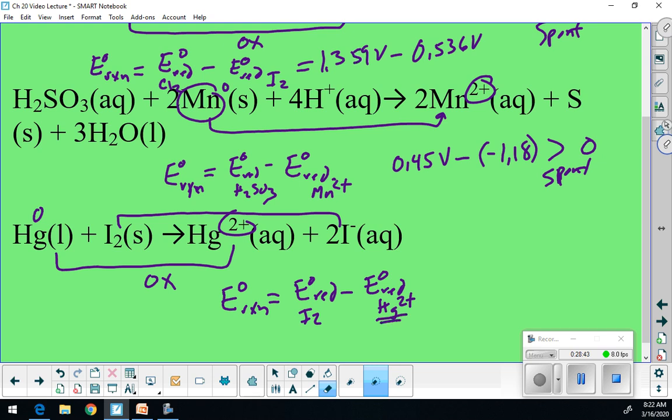Remember, these all have to be reductions, so even though my mercury is oxidizing, I'm looking for what's happening in reverse for the mercury, right?